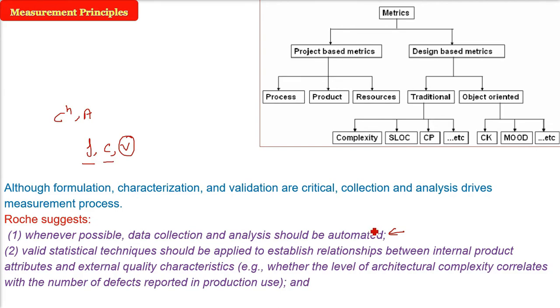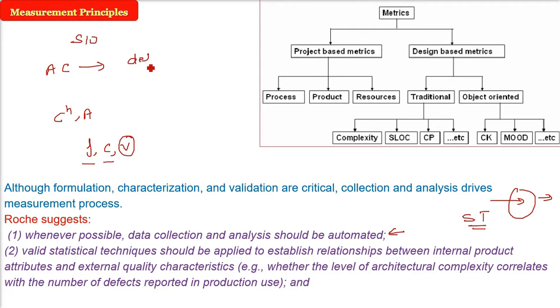The next thing is that valid statistical techniques should be applied, because a product can have internal attributes, and it can have external quality attributes. So in order to establish a relationship between the internal and external quality attributes, we have to use some valid statistical techniques. For example, if we have a software, the architecture is the overall structure of the software, the architecture complexity.